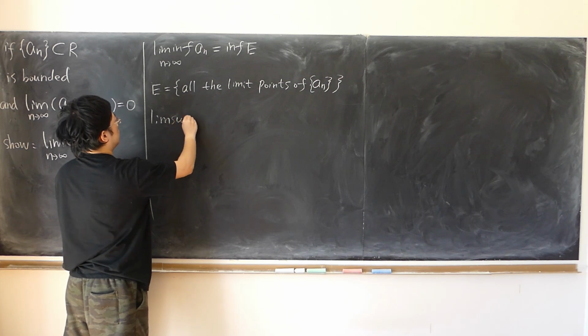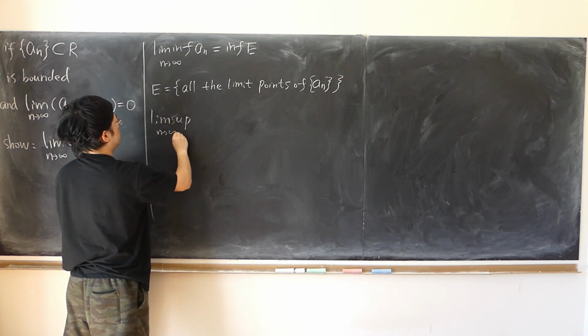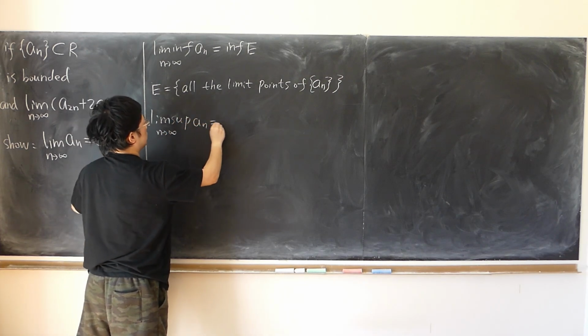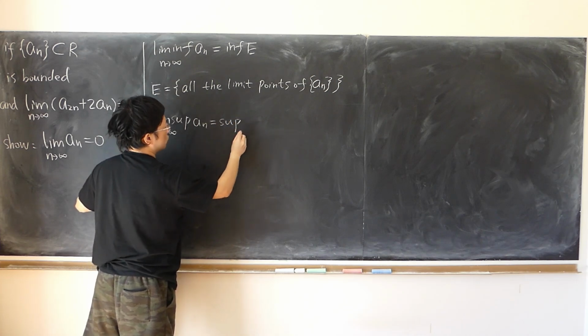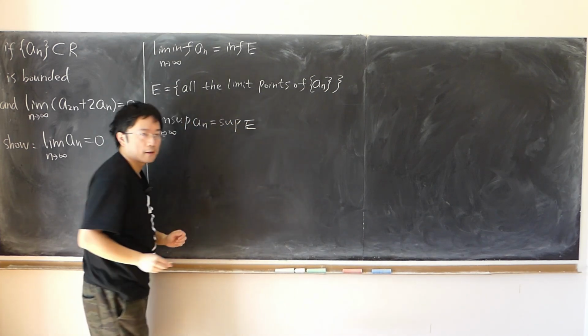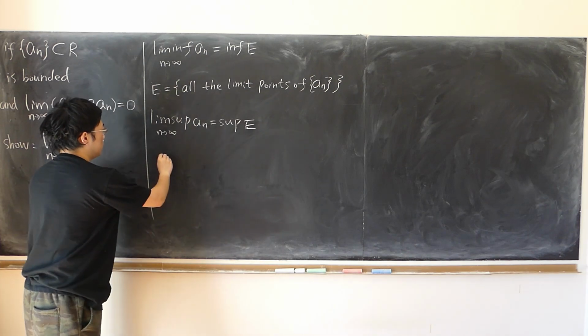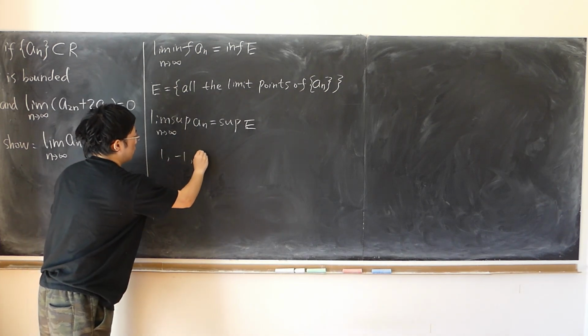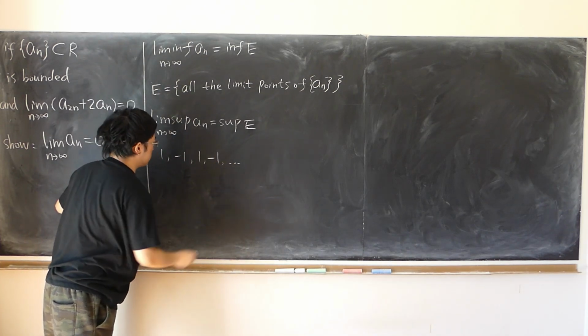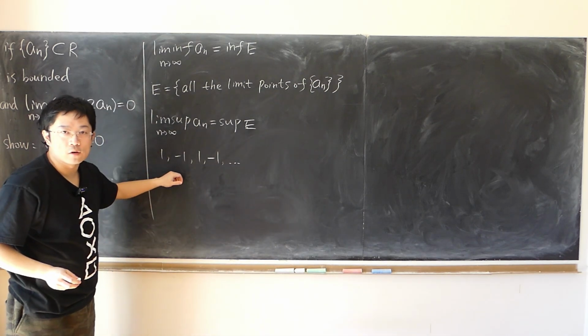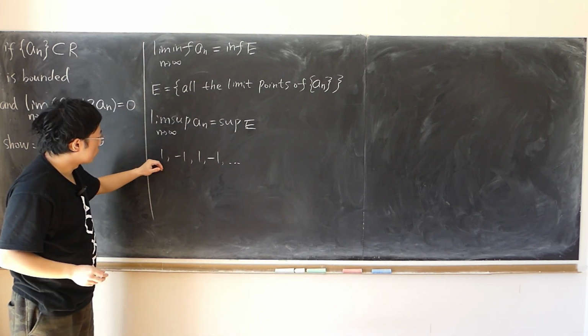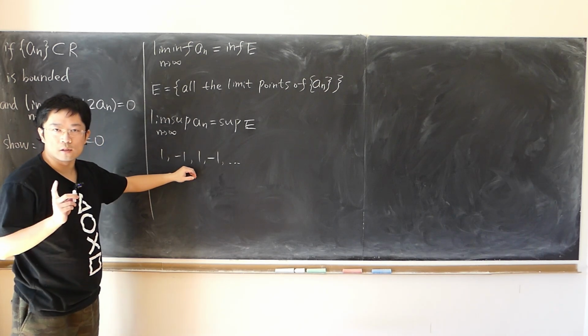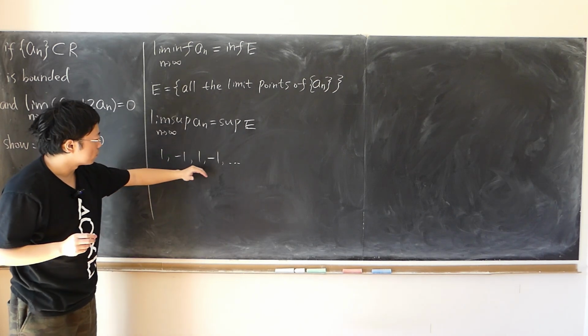And likewise, lim_sup is the supremum of this set. For example, this sequence is obviously divergent, oscillating between 1 and -1. But we know it has two subsequences.